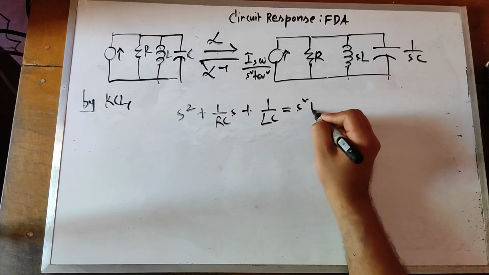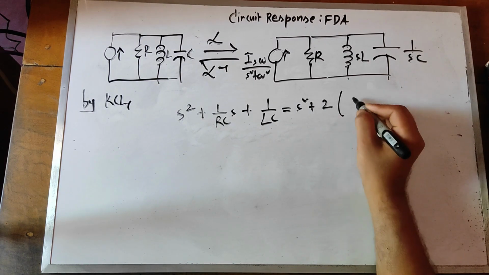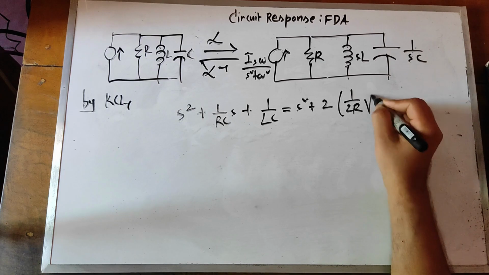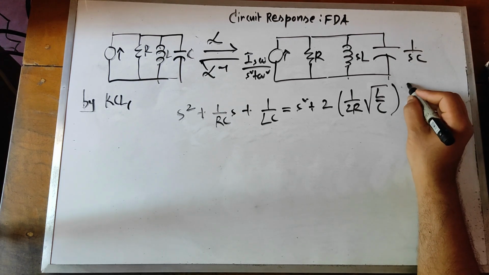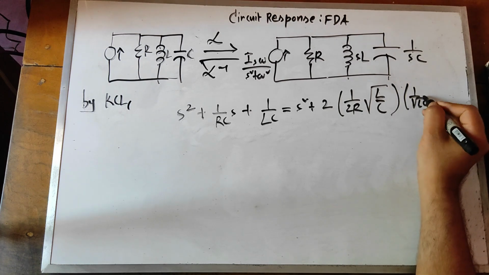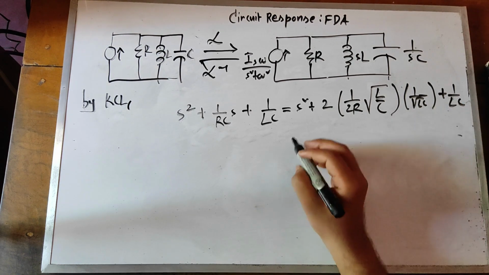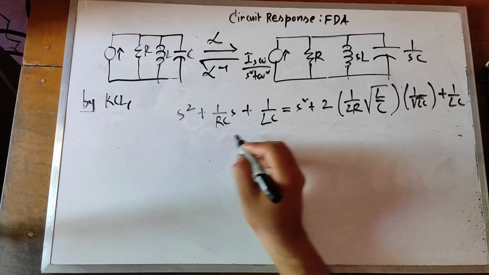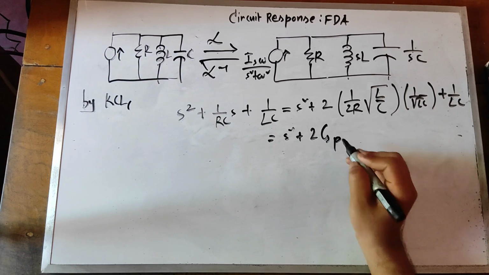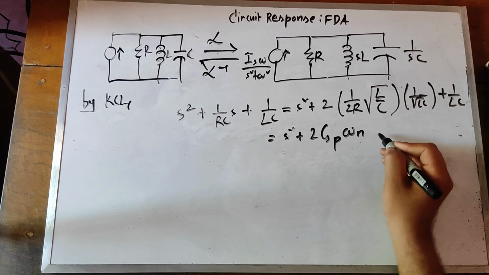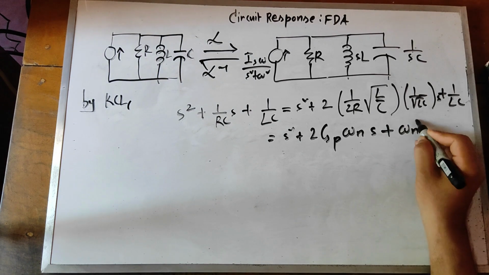I'm going to rearrange this, plus 2, 1 by 2R root over L by C, 1 by root LC, plus 1 by LC. So this is basically s square plus 2 psi p omega n s plus omega n squared.